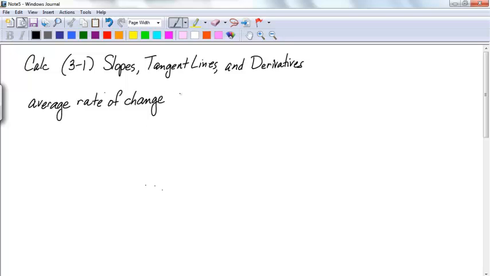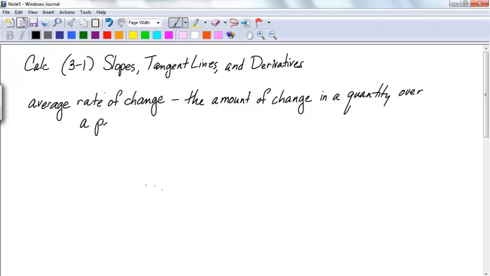An average rate of change is the amount of change in a quantity over a period of time, divided by the time period.